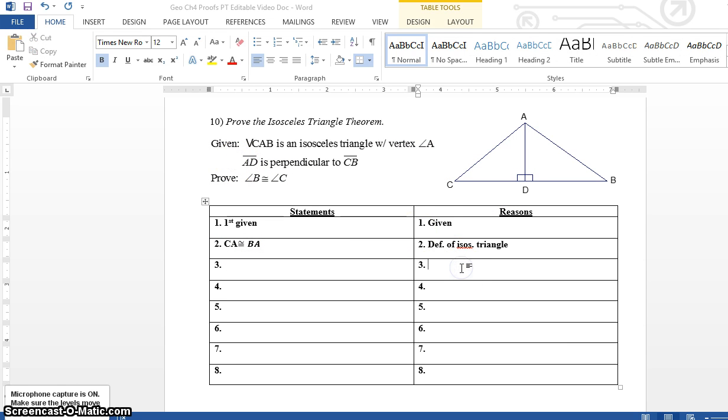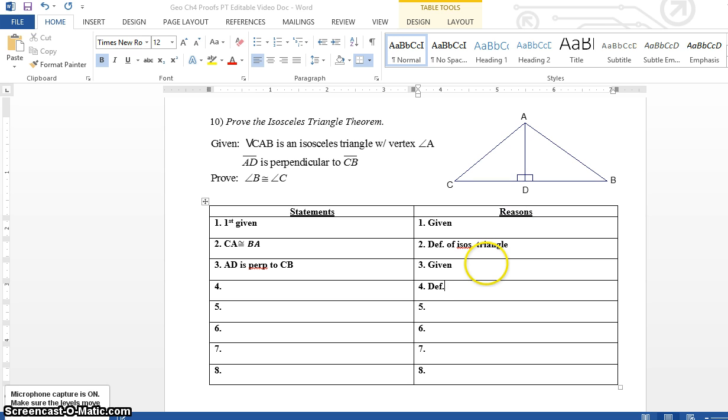Let's just get that out of the way. I'm given that segment AD is perpendicular to CB. Alright, what does that mean? Well, it's actually really nice, because if we have perpendicular lines, it forms right angles.